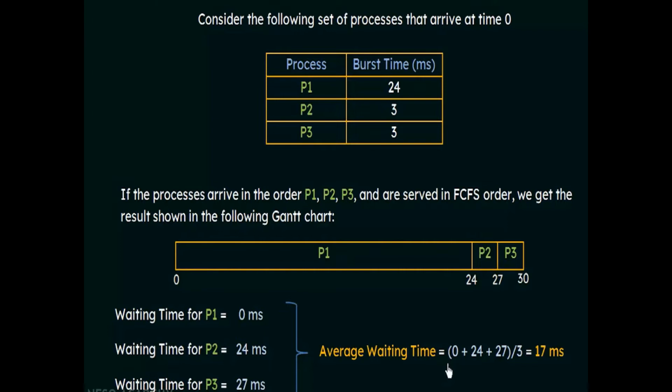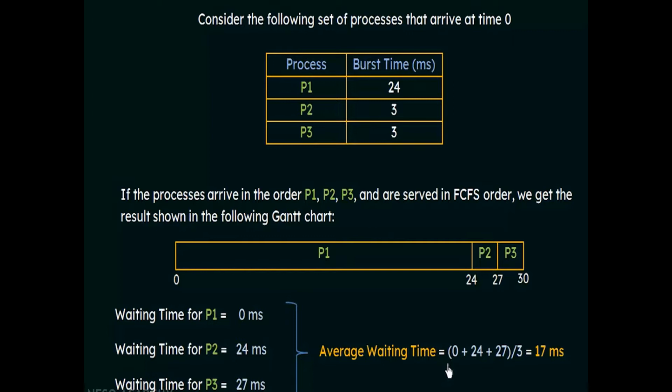Now if we calculate the average waiting time, the waiting time for P1 is what? 0. P1 comes and the CPU is allocated to P1, so the waiting time is 0. But for process P2, the waiting time is 24 units of time. Here we have taken the unit in milliseconds, so the waiting time for P2 is 24 milliseconds.